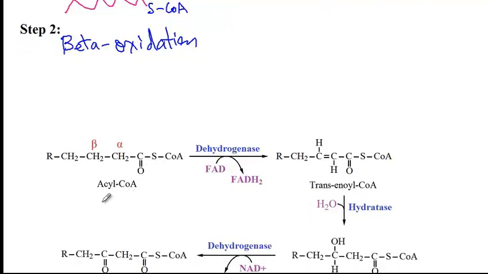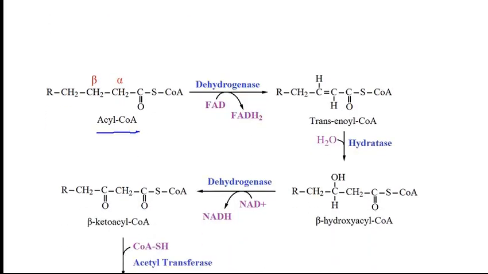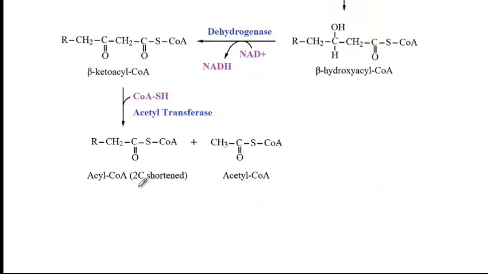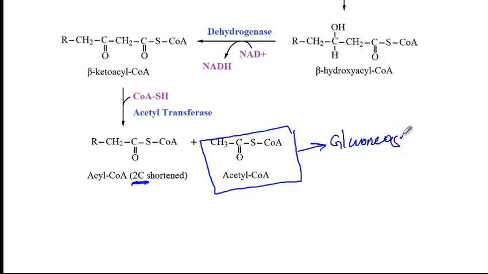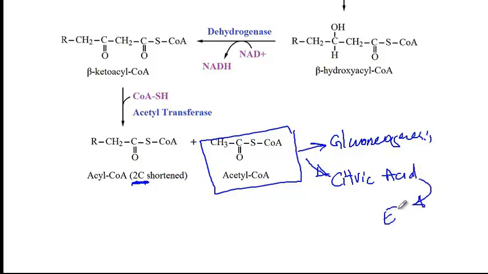So here is the product of the first reaction, acyl coenzyme A, and now acyl coenzyme A will break down into a shorter molecule of acyl coenzyme A, which is 2 carbon shorter, and an acetyl coenzyme A. And now this acetyl coenzyme A can be functioned in many different processes. It can undergo gluconeogenesis, or it can undergo citric acid cycle and electron transport chain in order to produce more adenosine triphosphate.